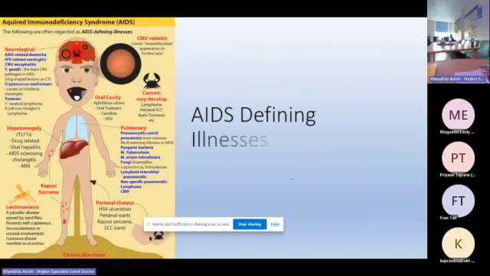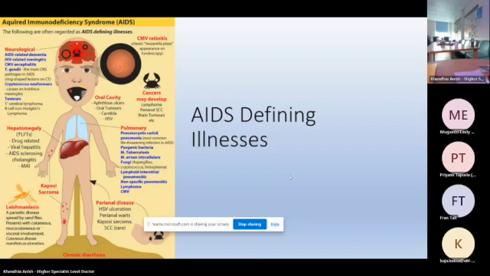Now, if we look at the AIDS-defining illnesses, I thought this was a nice picture that sums it up. They're a huge number. So primarily, we see neurological and pulmonary disease. And I'll go into the ones that affect us in ICU in a little bit more detail shortly.